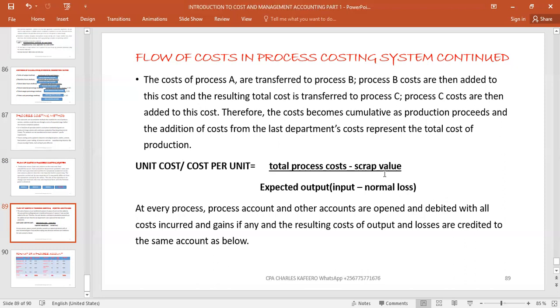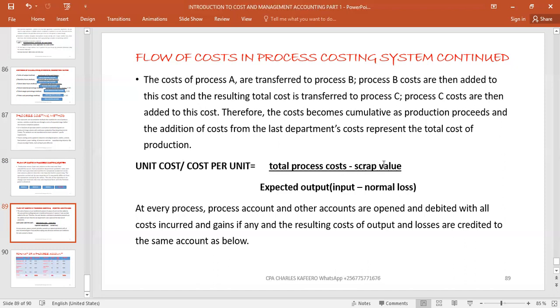But you just keep in mind the formula for determining the cost per unit of the production process. We get what we've incurred or what we've put in as the total process cost, we less the scrap value, and we said to get the scrap value, it's our normal loss in units multiplied by the selling price of the normal losses.